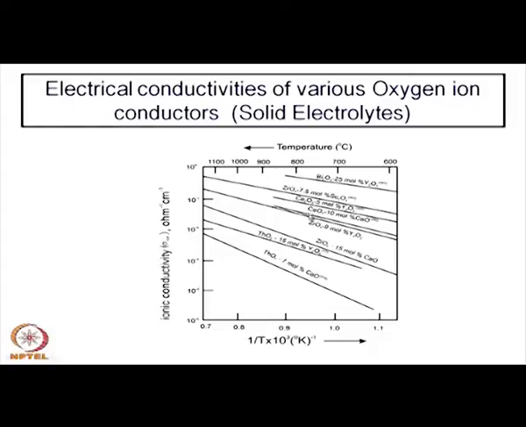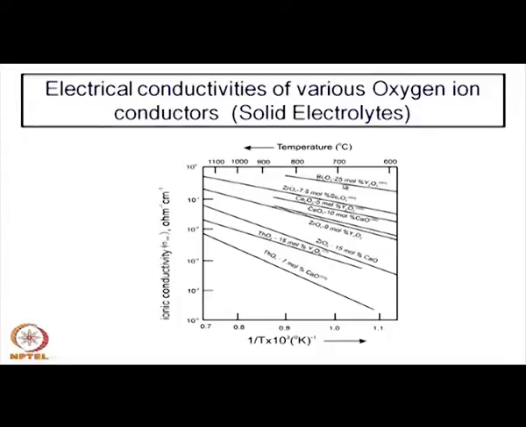CeO2 is another oxide which has a cubic fluorite structure, and all of them, whether it is zirconia, thoria, ceria or bismuth oxide, are characterized by high oxygen ion conductivity. Of course, their absolute levels of conductivity are different, as you can see from here.